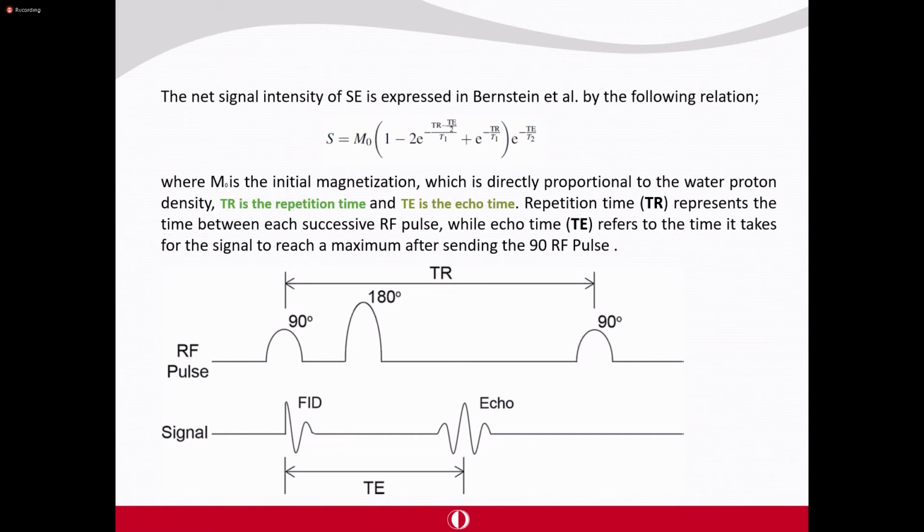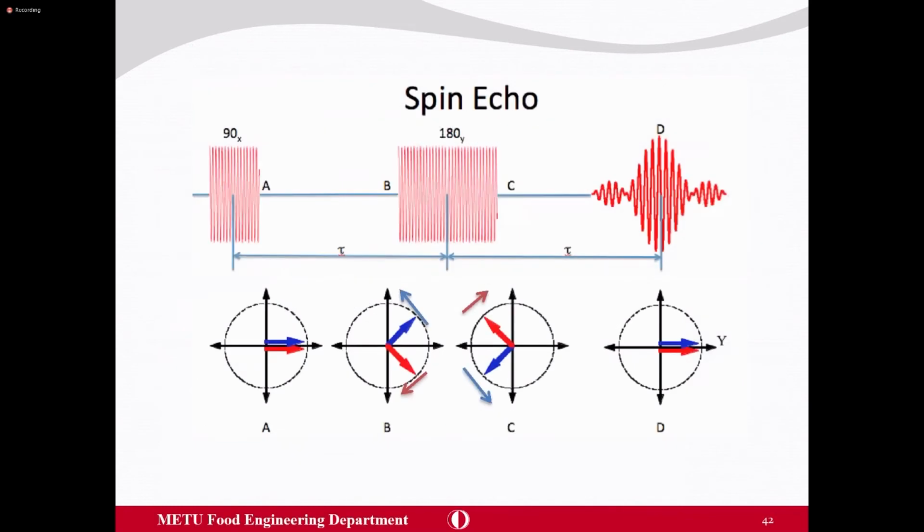These are all parameters that we are going to set while conducting an NMR experiment. In fact, this pulse sequence that generates an echo is defined as spin echo. So we have a 90-degree pulse, a 180-degree pulse, and later an echo is generated.